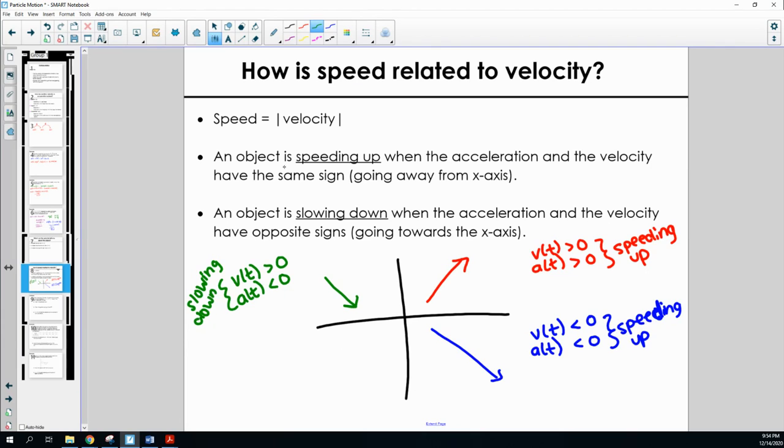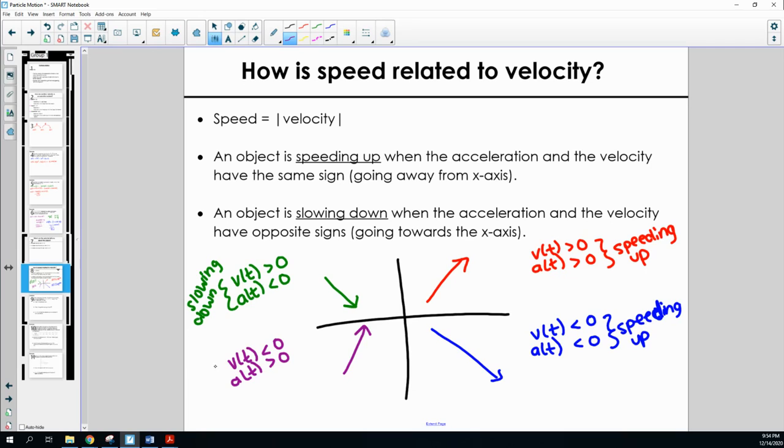And then same idea if I did something like that. Again, the green and the purple are going towards the x-axis, whereas the red and the blue are going away. So this purple one is below the x-axis, so the velocity is going to be less than 0. And then the slope is positive here, it's greater than 0.